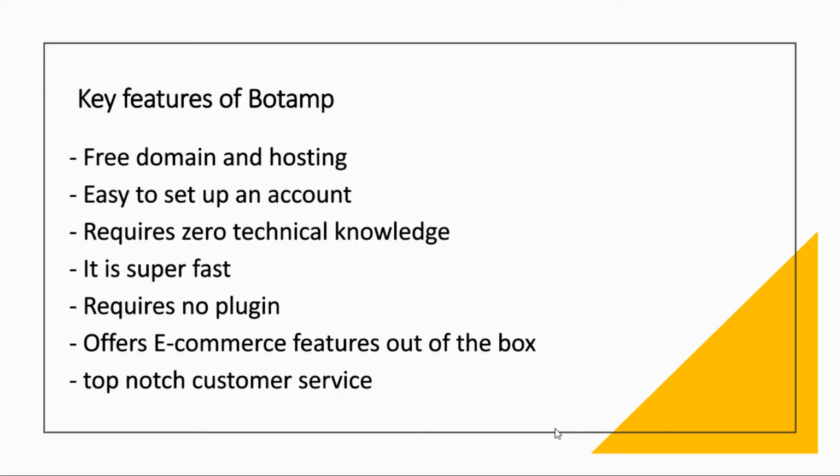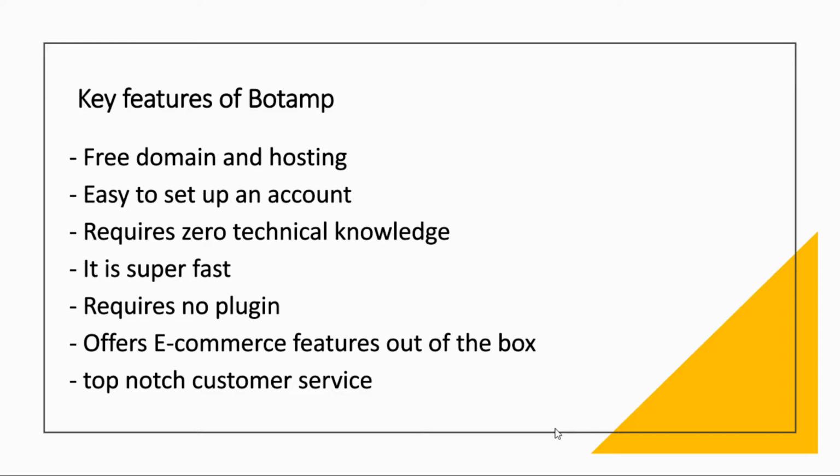Also, using Botamp requires zero technical knowledge. You don't need to know how to code or how to design. All you need is to know what color scheme you want for your website, what font, and what content you want to show people on your website. Also, Botamp is super fast, and one of the reasons I think is the next point, which is that it requires no plugin.